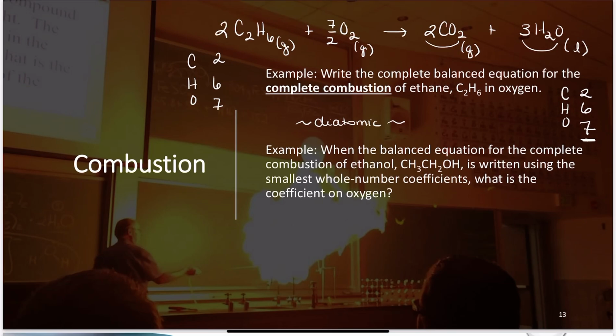I'm going to say 2 C2H6 plus 7 O2, because 2 times 7/2 is 7, gives 4 CO2 and 6 H2O.